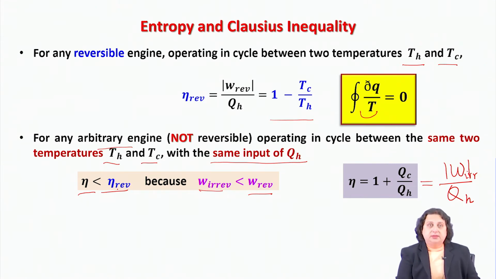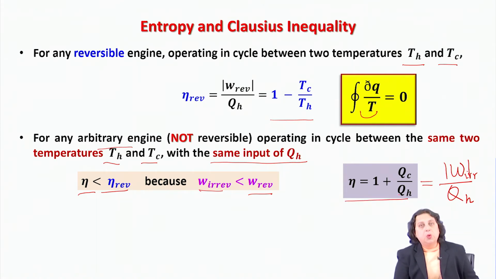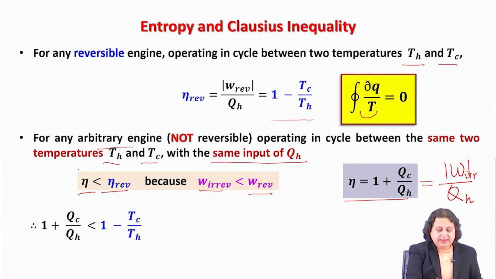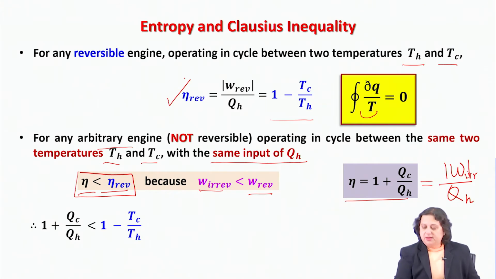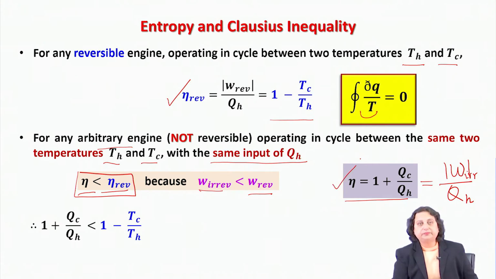For any cyclic engine, I know that eta is equal to 1 plus Qc by QH, which we have already seen. Therefore, I am now going to rewrite this expression by writing out the expressions of eta that I have got here and here.